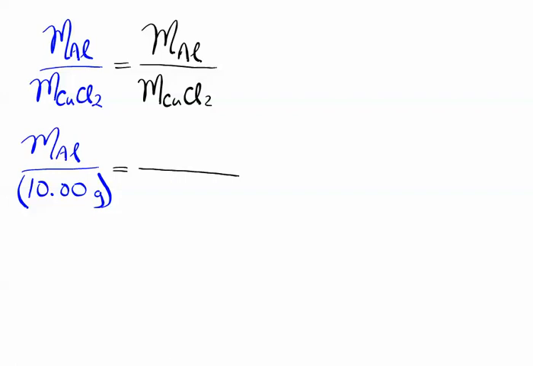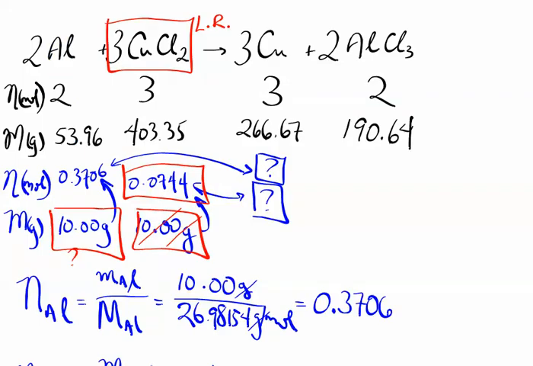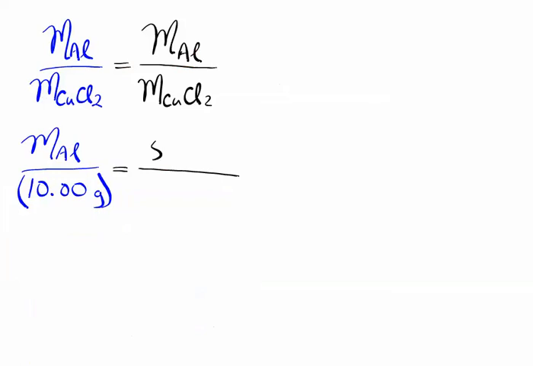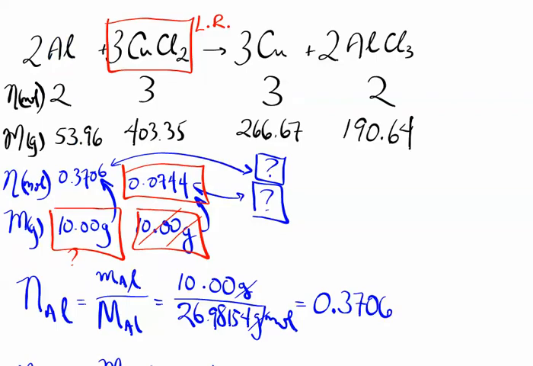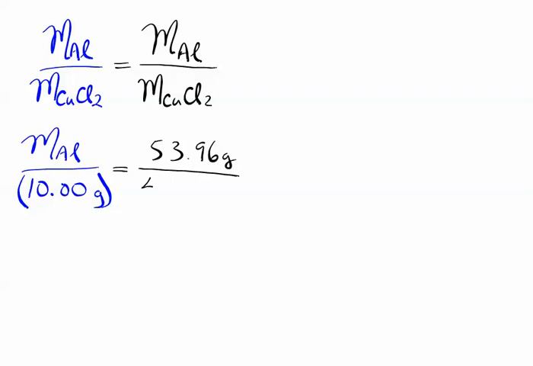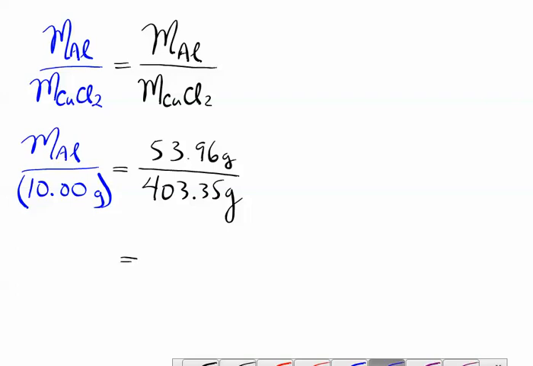Okay, what was our mass of aluminum for our equation? Let's jump back. It was 53.96 grams. Good? Oh shoot, I don't have my calculator up here. I'll need your help. And our mass of copper 2 chloride was 403.35. So our mass of aluminum that actually got used is 10 times 53.96 divided by 403.35, and what do we get?